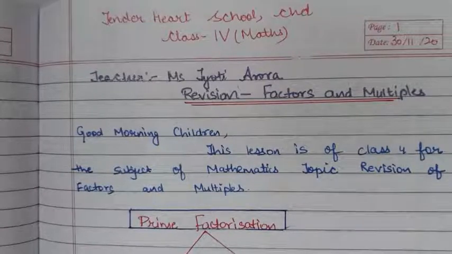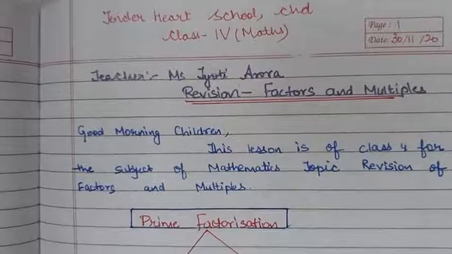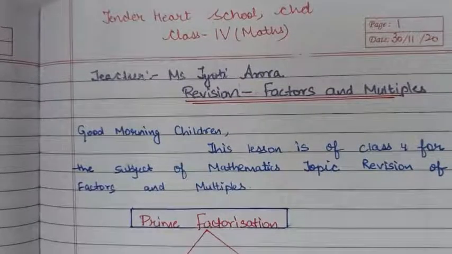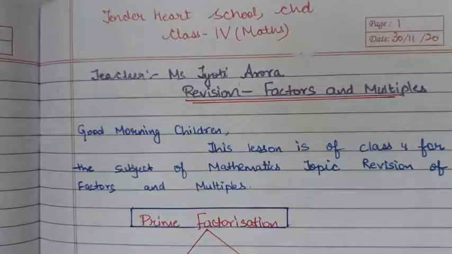In the last two videos, I told you how we can find the factors, what the divisibility tests are, what prime numbers are, what composite numbers are, even numbers and odd numbers. Now today we are going to start the prime factorization method. How can we find HCF and LCM? So let us start our topic.